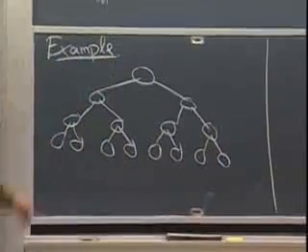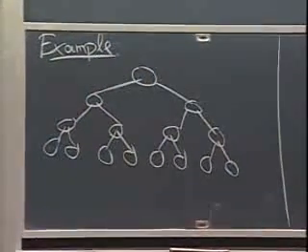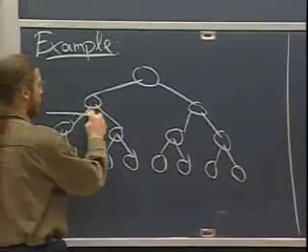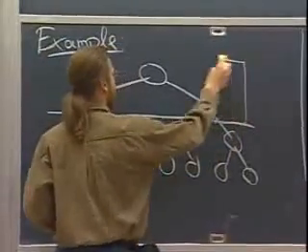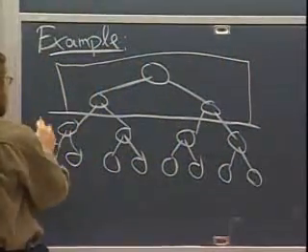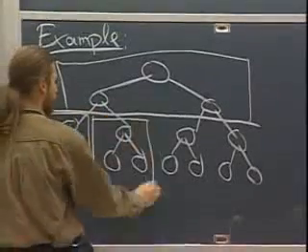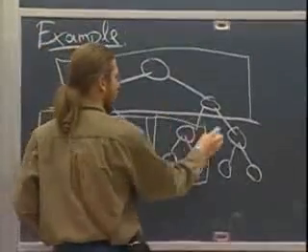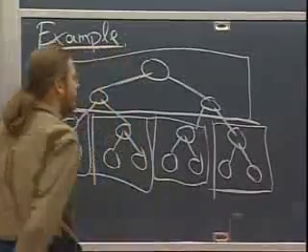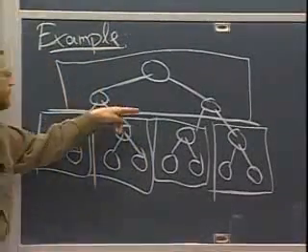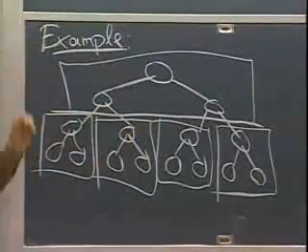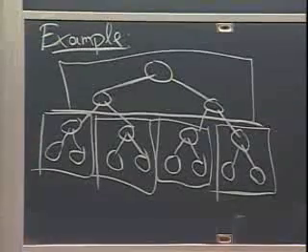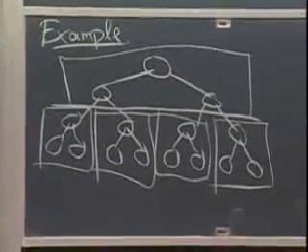So here's a tree of height 4 or 3, depending on how you count. We divide in the middle level, and we say, okay, that's the top tree, and then these are the bottom trees. So there's 4 bottom trees. So there are 4 children hanging off the root tree. They each have the same size in this case.